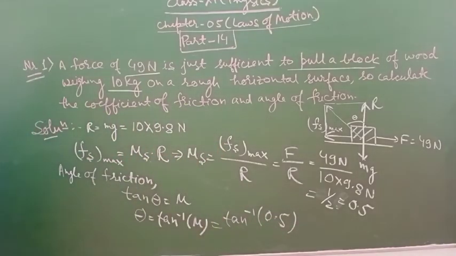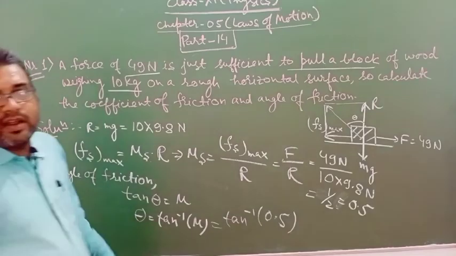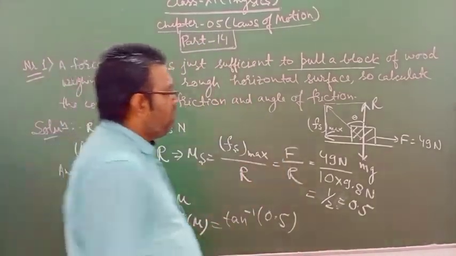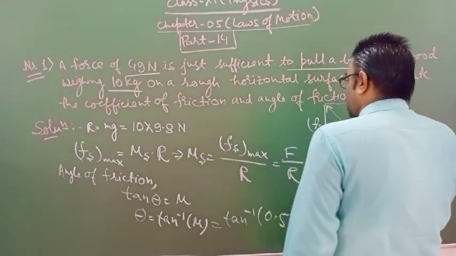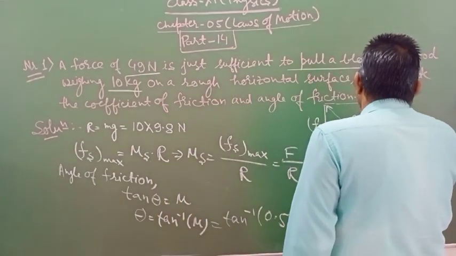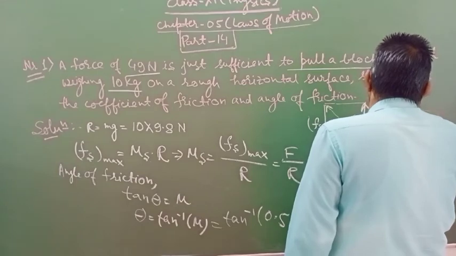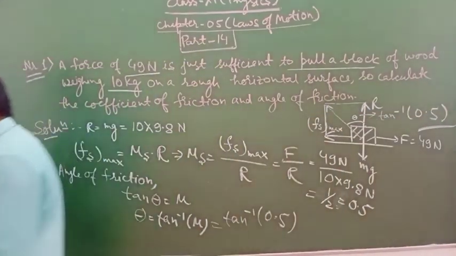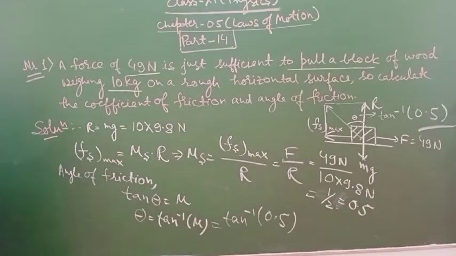So this is the required answer for the angle of friction. We get the value of theta as tan inverse 0.5. So this is the numerical based on angle of friction.